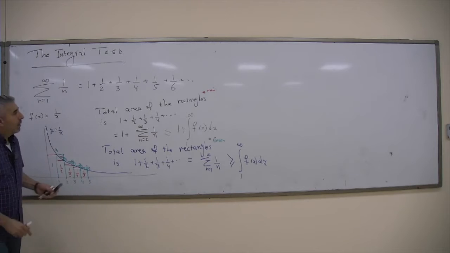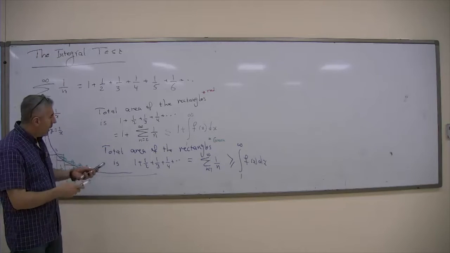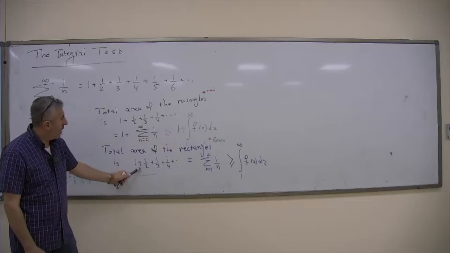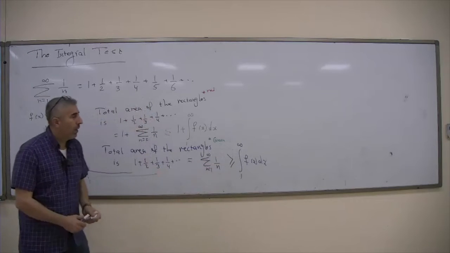So from here, what are we getting? We are getting summation of this less than this, and the same summation here is larger than or equal to this.